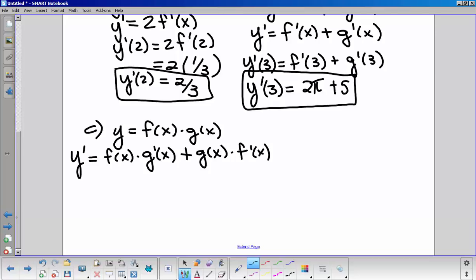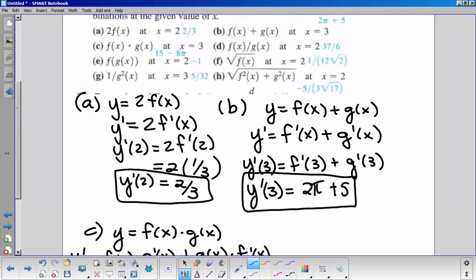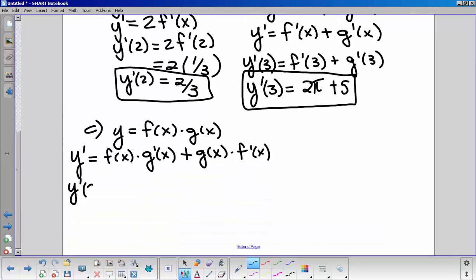And then we want y prime of 3, which is f of 3 times g prime of 3 plus g of 3 times f prime of 3.